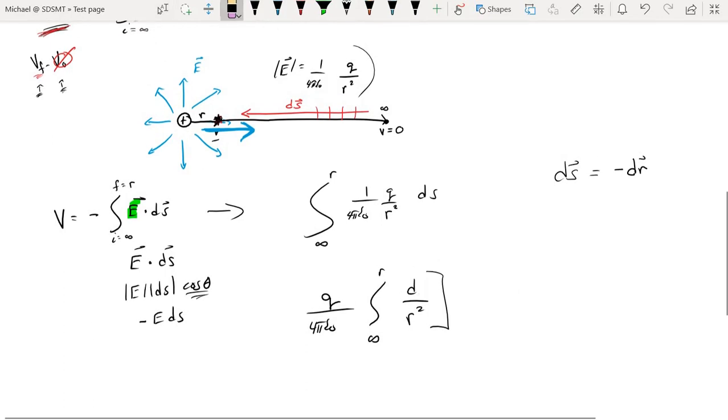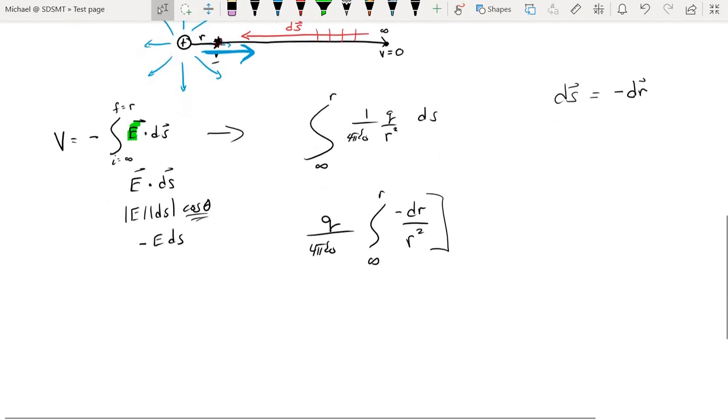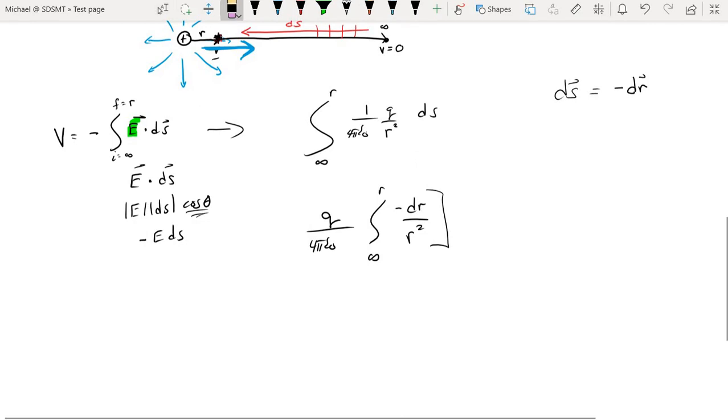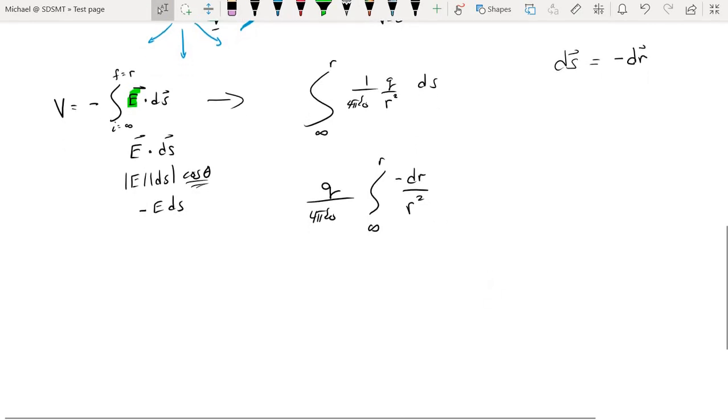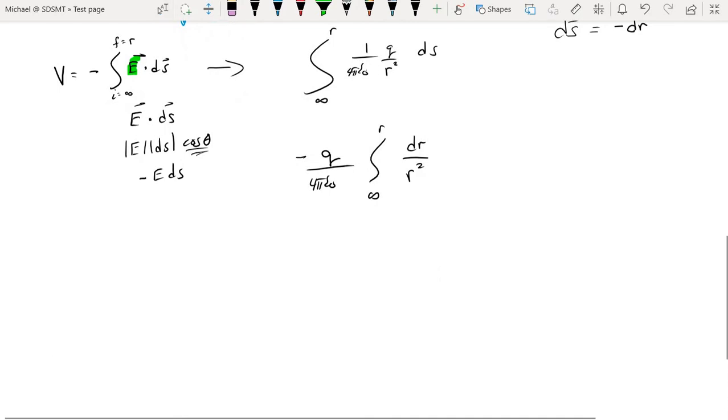And so now you can see where I often have problems trying to keep track of my minus signs, because we keep shifting back and forth between plus minus as we make these substitutions. Alright, so let's take that minus sign and we'll bring that out front so we can take care of the integration part. And it's not that bad of an integral.